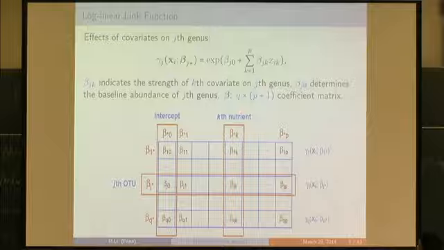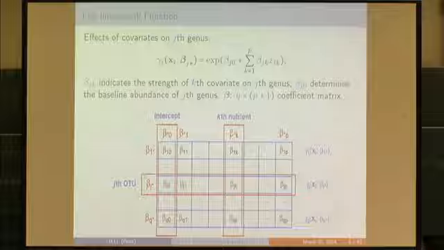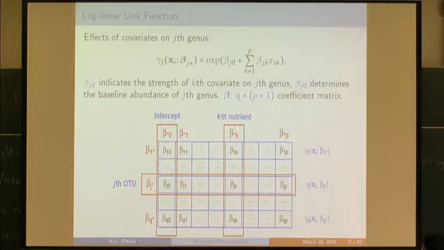So in this model, basically, you have a regression coefficient matrix for each of the OTU or taxon. Each column represents one micronutrient. And the coefficient, for example, you look at the k-th micronutrient, this regression coefficient vector beta summarizes the effect of the k-th nutrient on the distribution of the Q bacteria genera, basically.